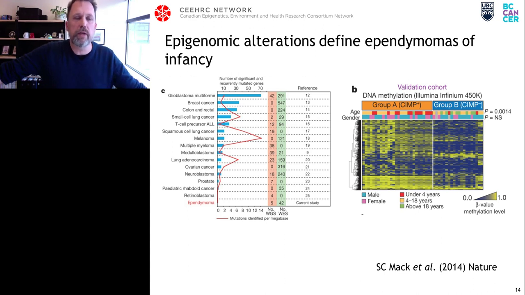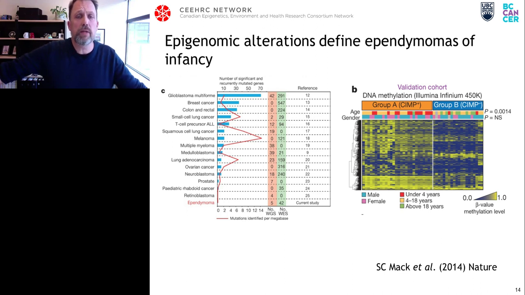So on the left-hand side, we can see a panel which shows the mutational frequencies across a series of different tumor types, with ependymoma being at the very bottom. And what you can see is there are essentially no recurrent mutations that can be found in this particular tumor type.